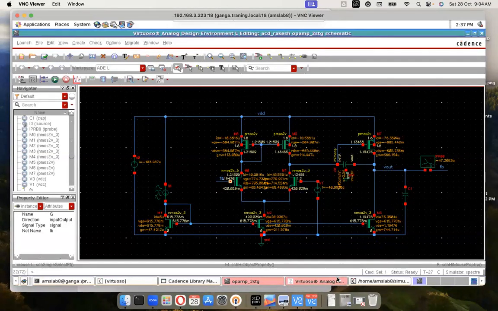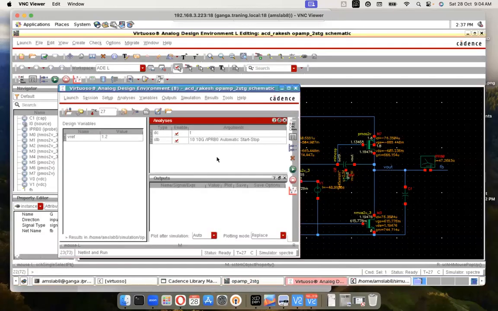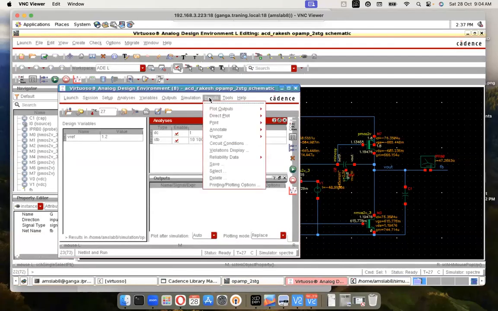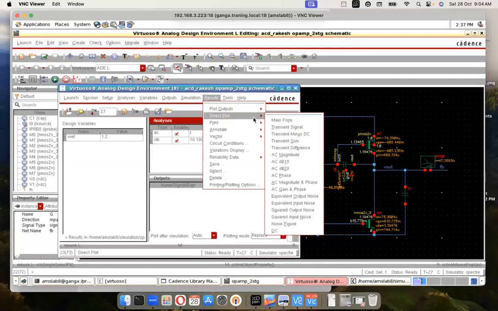DC results, at least we already took a short look at. Let's look at the AC results. By AC results, what I mean is the stability simulations, right? Let's go to results, direct plot, main form.